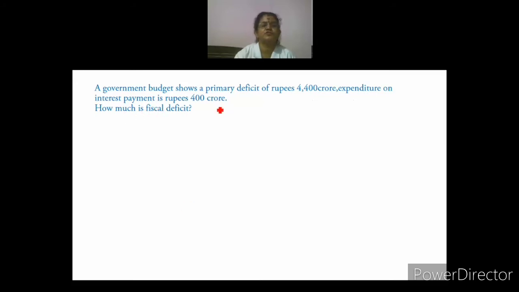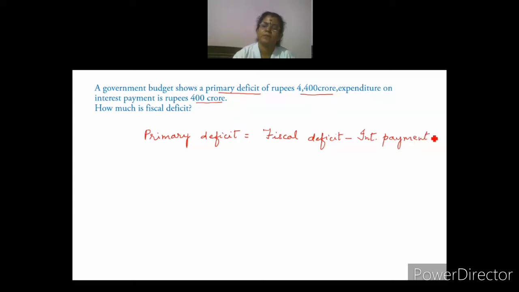Let us move on to the next one. A government budget shows a primary deficit of rupees 4,400 crores. Expenditure on interest payment is rupees 400 crore. How much is fiscal deficit? We very well know the formula for primary deficit. Primary deficit is equal to fiscal deficit minus interest payment.